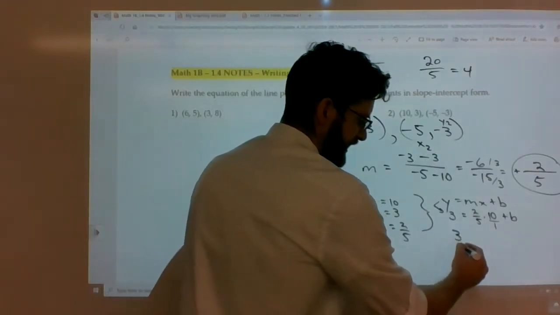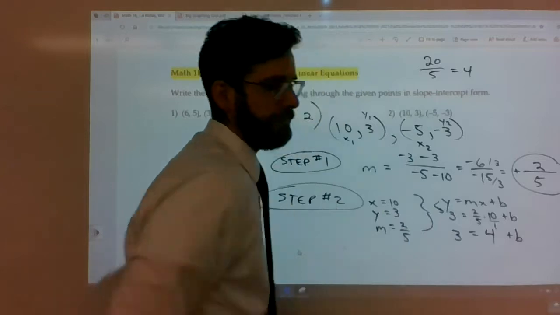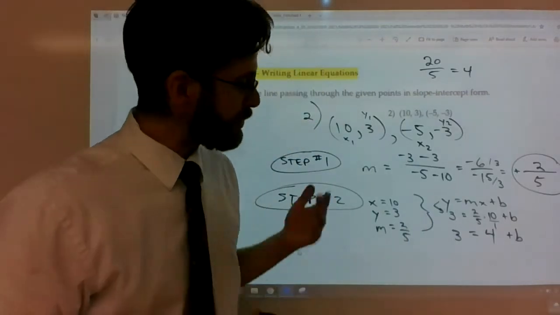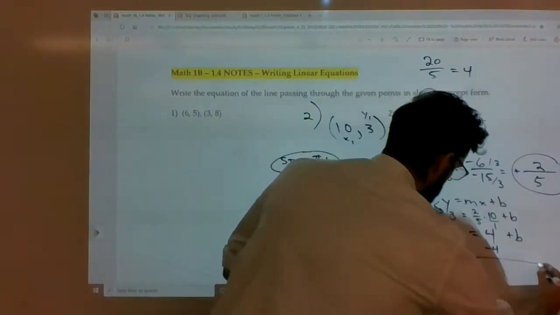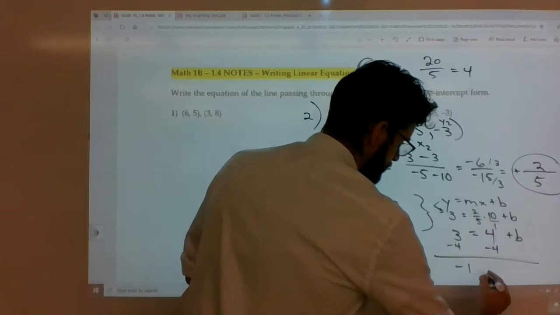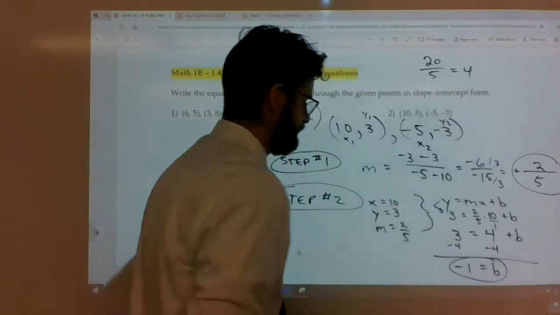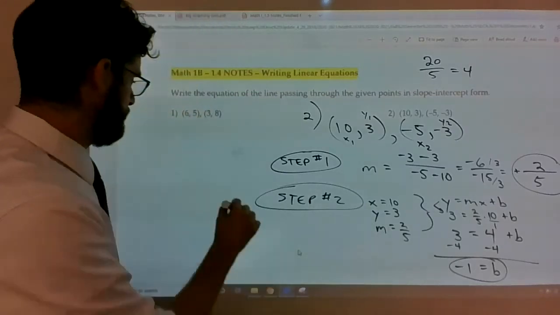So you got 3 on the left-hand side. This is going to be 4, and you're still adding b to it. Subtract 4 from both sides, and that gives you your b value. Step 2 is complete. All right, last move.